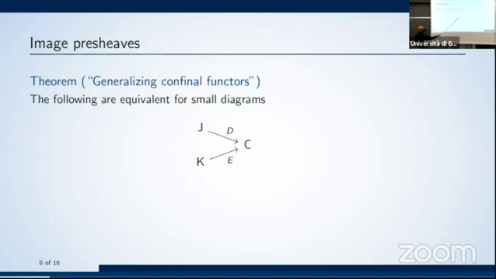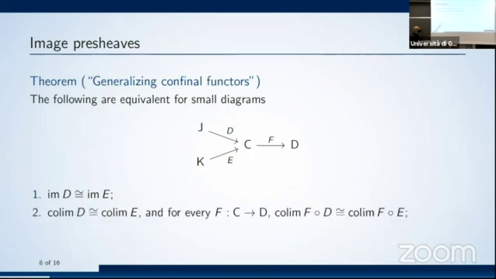So if we have two diagrams, having the same image presheaf is stronger than having the same colimit. So the following conditions are equivalent. First of all, they have the same image presheaf, the same free colimit.